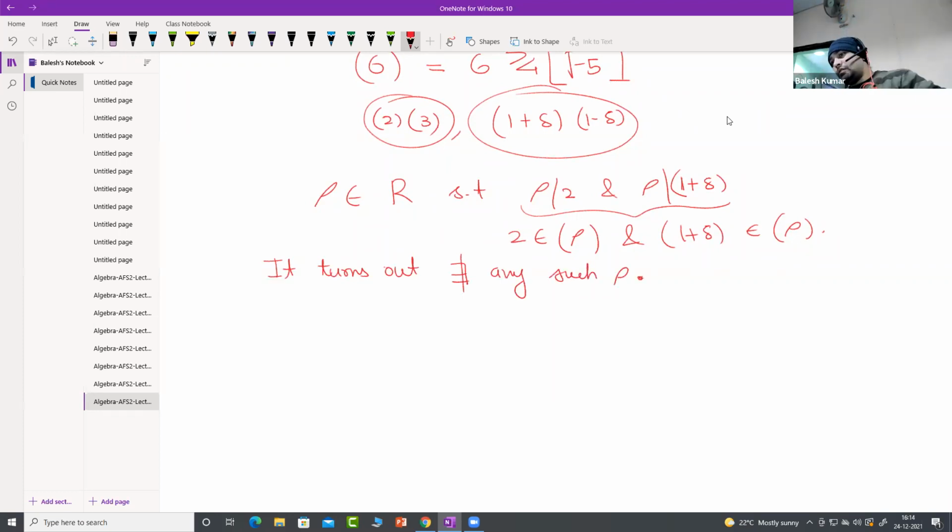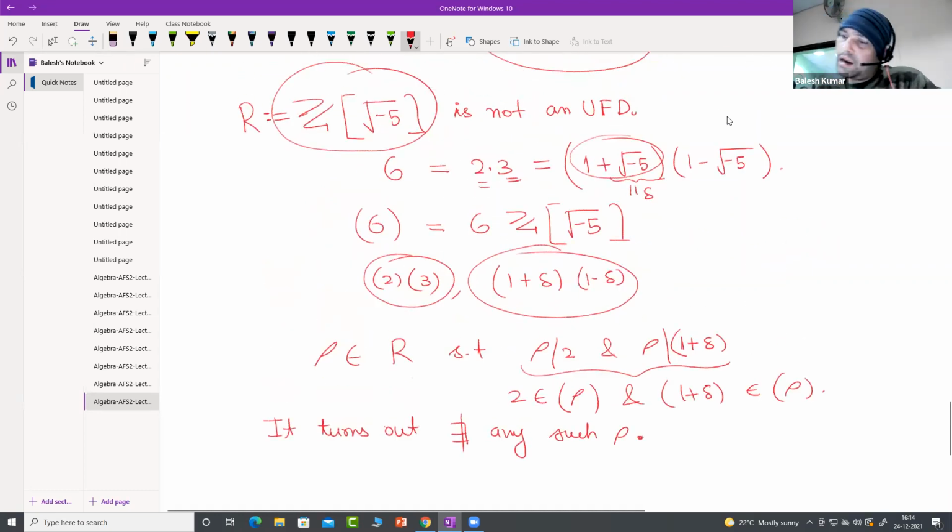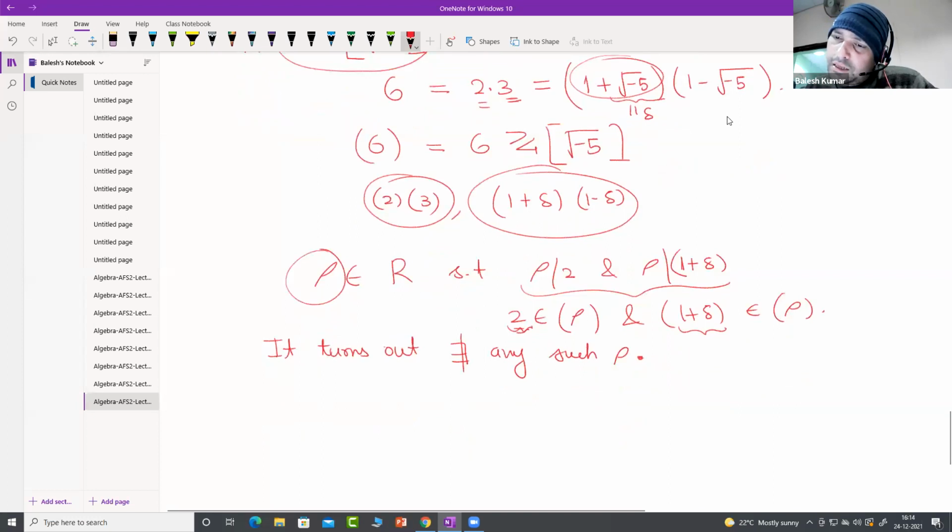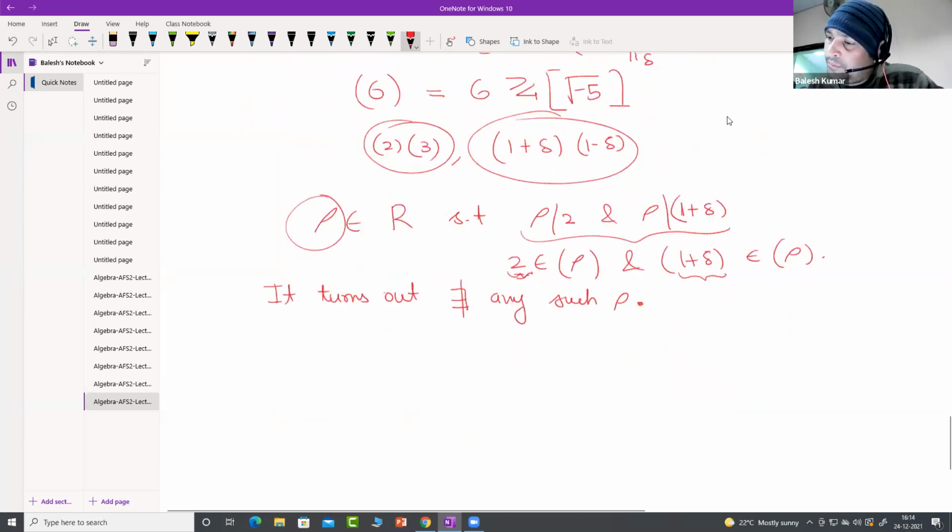But what one can do is find an ideal in which 2 as well as this element both lie. Even though such an element doesn't exist, we can find such an ideal, only the difference will be that the ideal may not be a principal ideal.